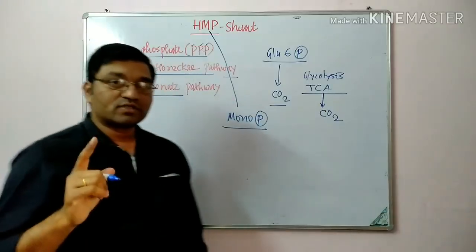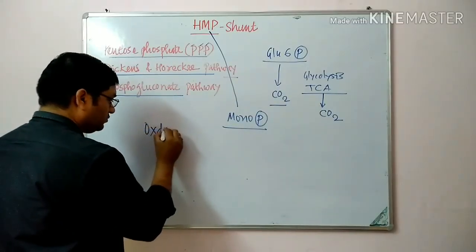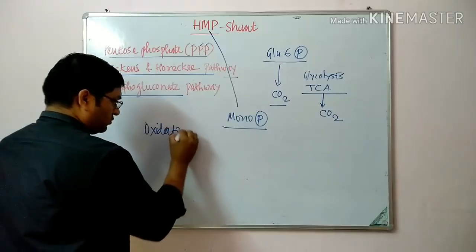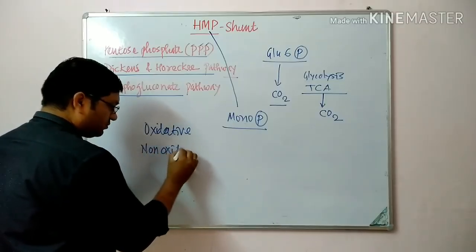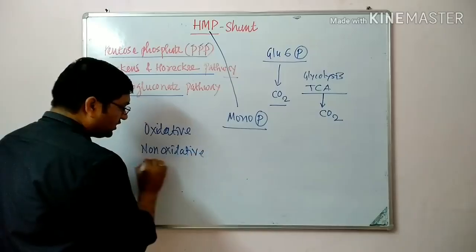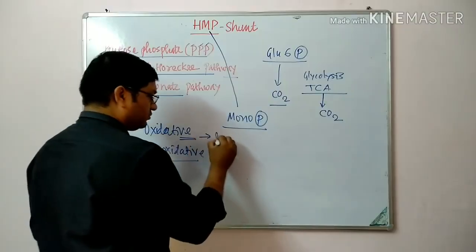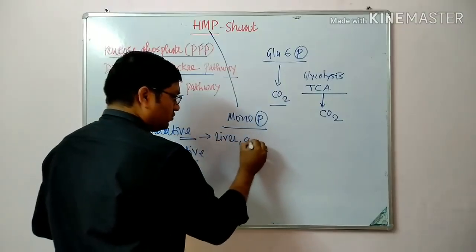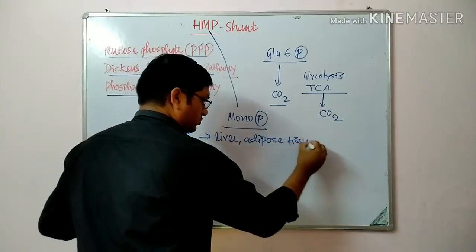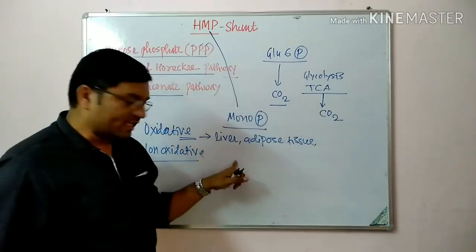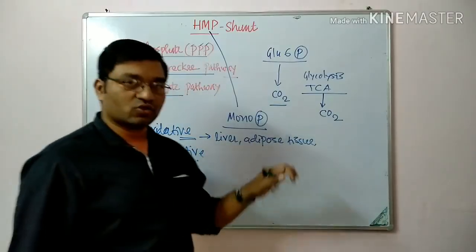There are two important steps in this pathway. First one is the oxidative step, and second one is the non-oxidative step. The oxidative step mainly occurs in the liver, adipose tissue, then adrenal cortex, testes, ovaries, lactating mammary gland, and erythrocytes.